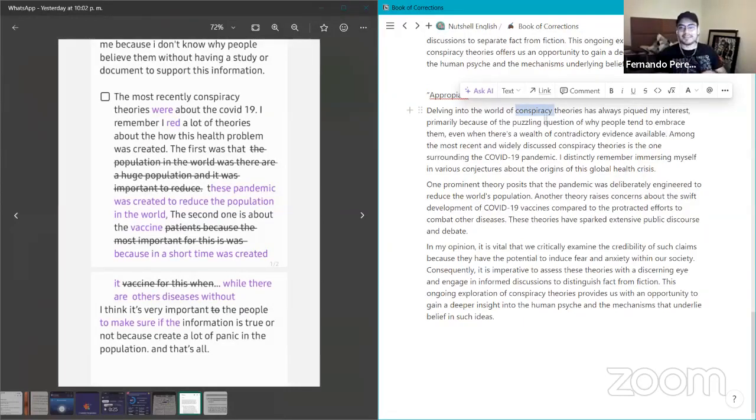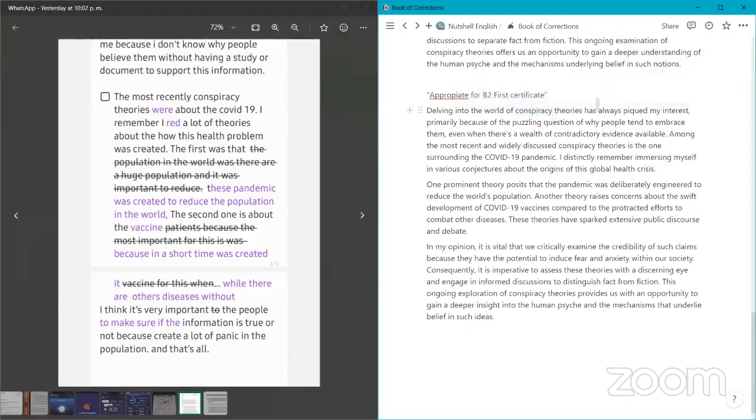Anyway, conspiracy theories, right? Continue. Conspiracy theories have always piqued my interest, primarily because of the puzzling question of why people tend to embrace them.